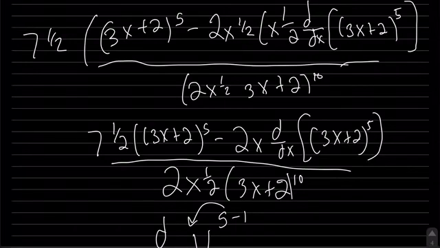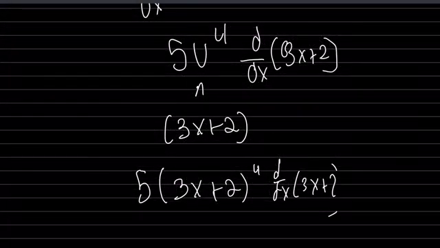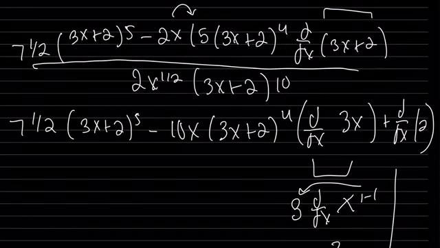And now I want to look at the other part. Before I got cut off, it was u to the 5th, and here you can use the chain rule. So 5 minus 1 is 4, and then move the 5 to the front. And I'm going to replace the u back with 3x plus 2 and put it back into the equation.